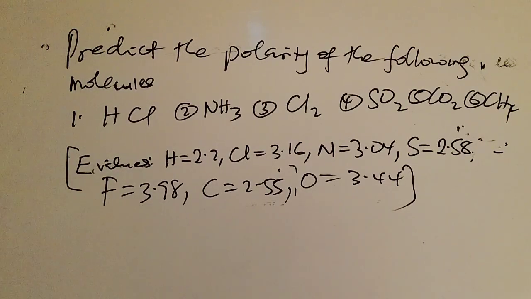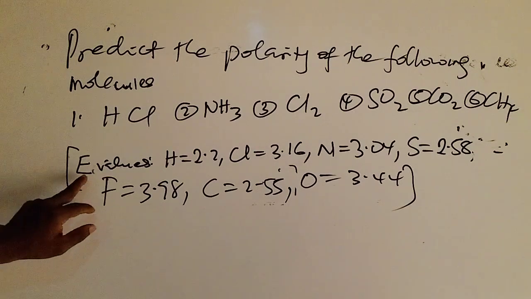Let's look at the question on the board that says: predict the polarity of the following molecules. Number 1, HCl; 2, ammonia; 3, chlorine molecule; 4, SO2; 5, CO2; 6, CH4 methane. And then we're given the E values of the elements.